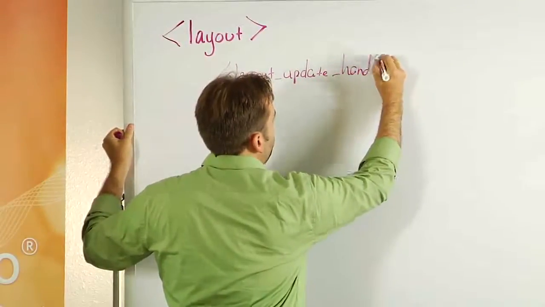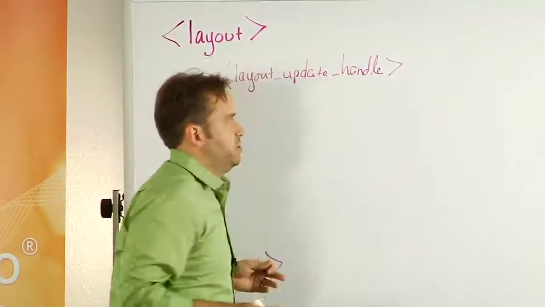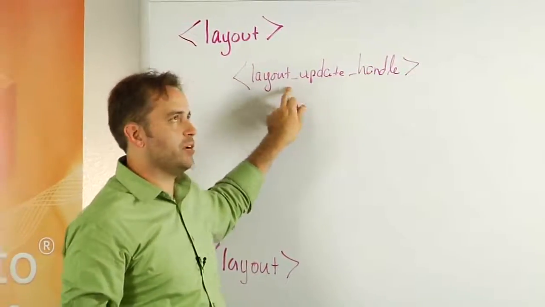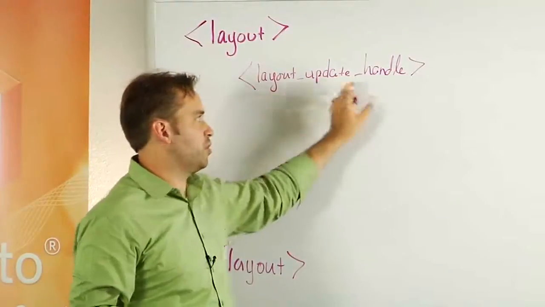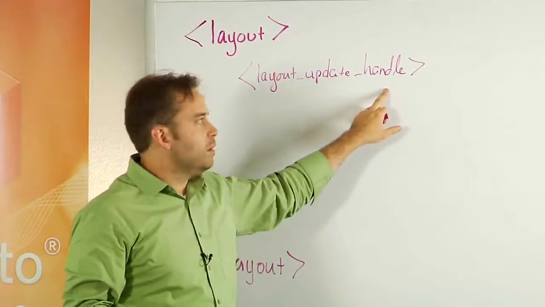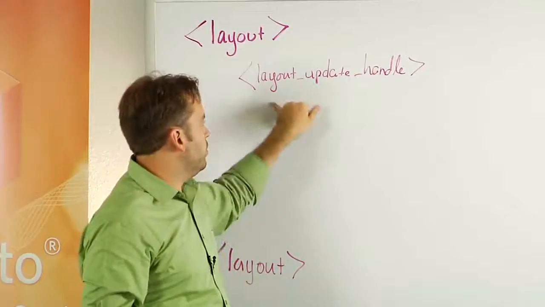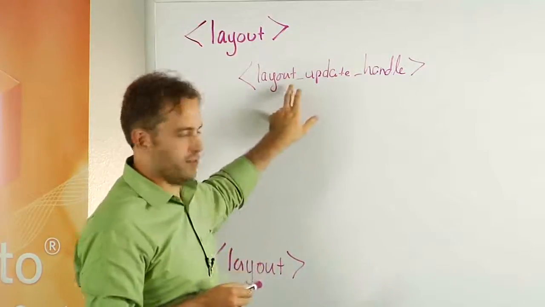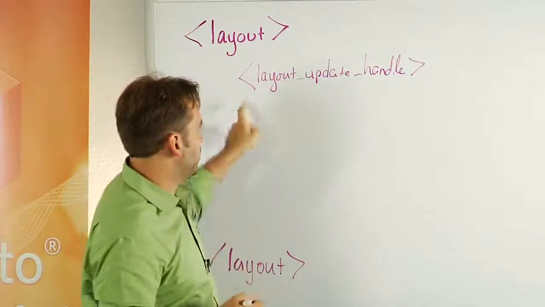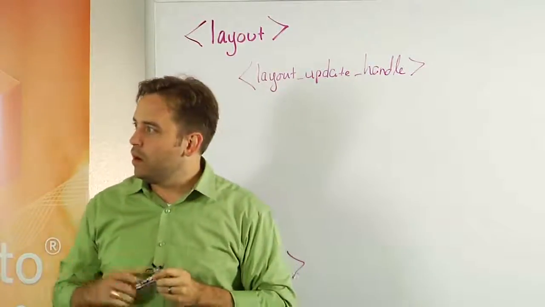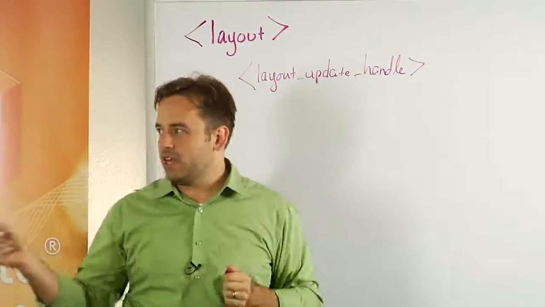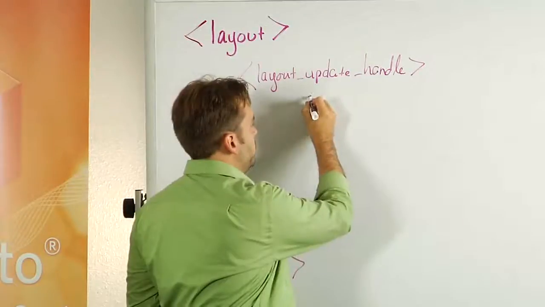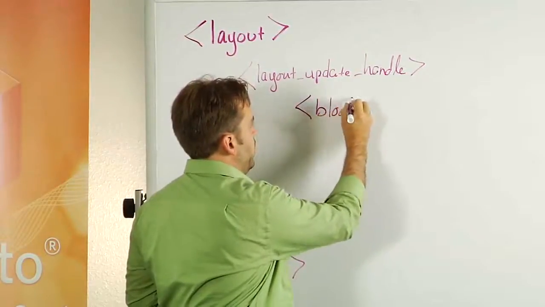What we want it to do, if we want it to automatically sync up with some module controller action, well, then we'd want to have a specific format here. So that's a layout update handle. A layout update handle may contain a block. So a block would never be directly under layout. It'll always be under a layout update handle.